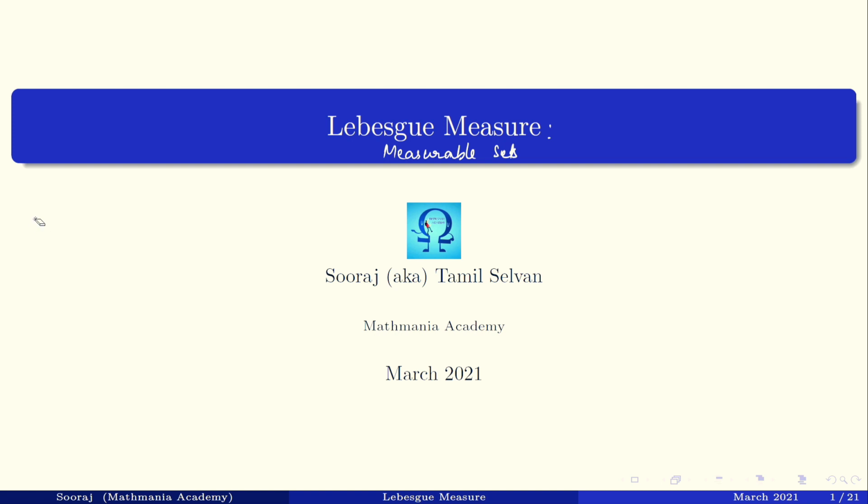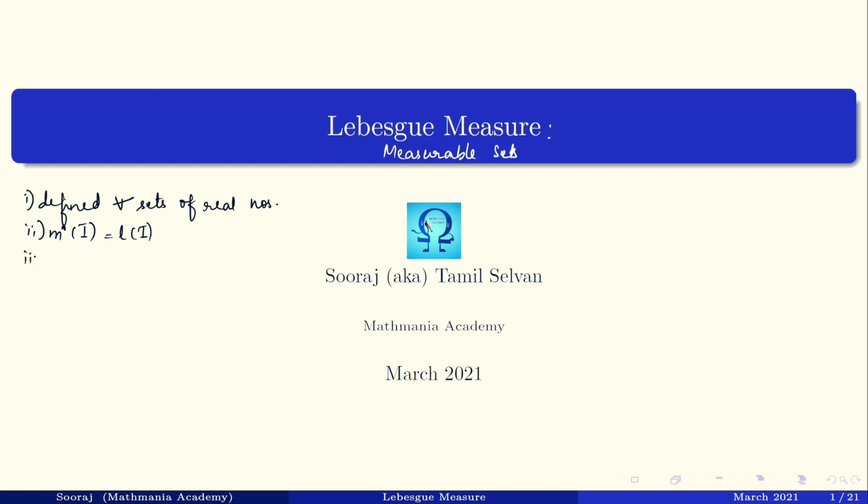Outer measure has four virtues. First of all, it is defined for all sets of real numbers. The next one is that the outer measure of any interval is the length of the interval.